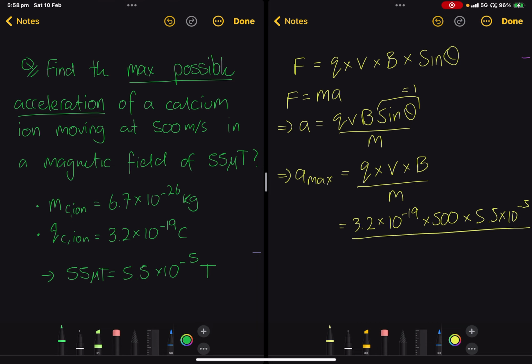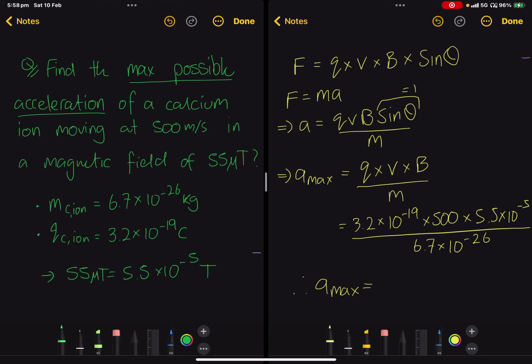This is all divided by the mass of the calcium ion, which we're told is 6.7 times 10 to the minus 26. So this will tell us the acceleration max is the evaluation of all of this.